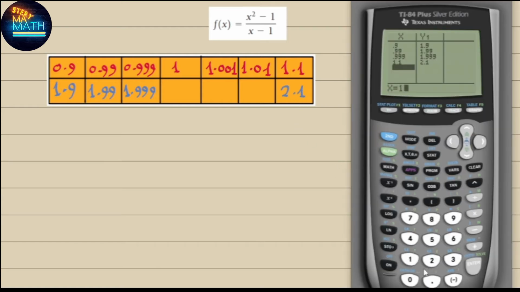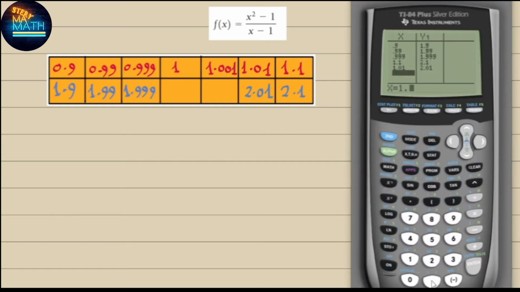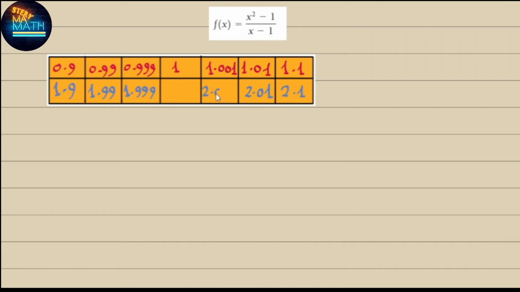And when x is equal to 1.01, y is equal to 2.01. When x is equal to 1.001, y is equal to 2.001. And as you see here, at x equal to 1, the function is undefined.